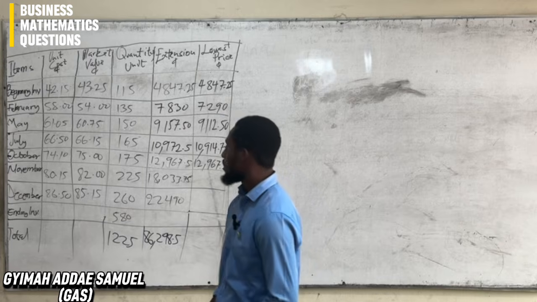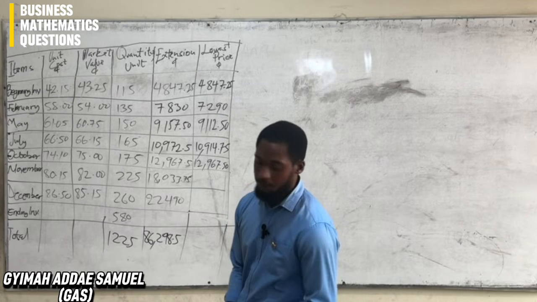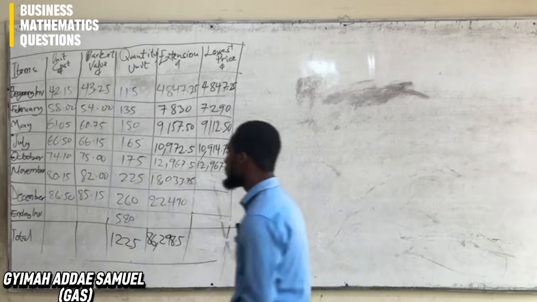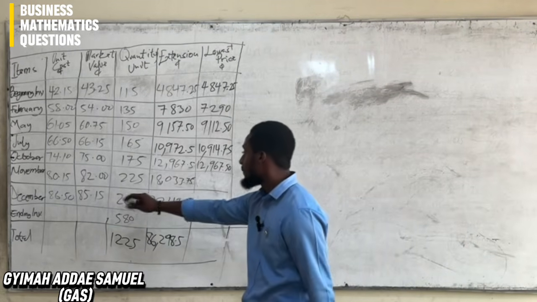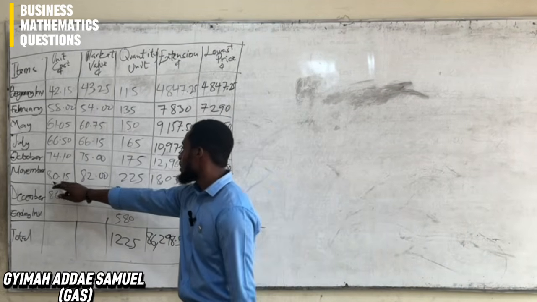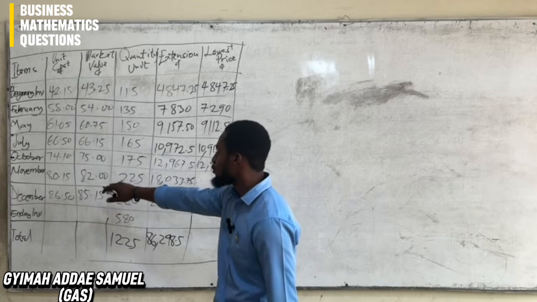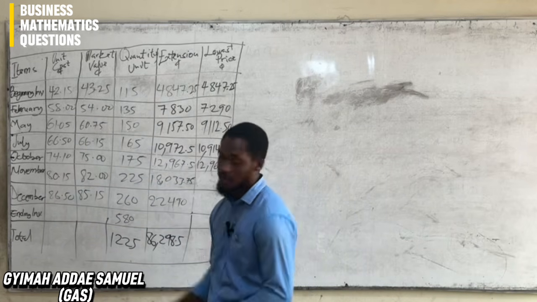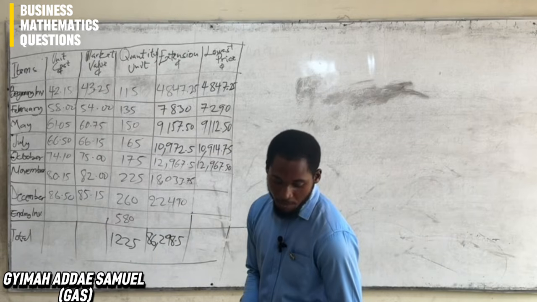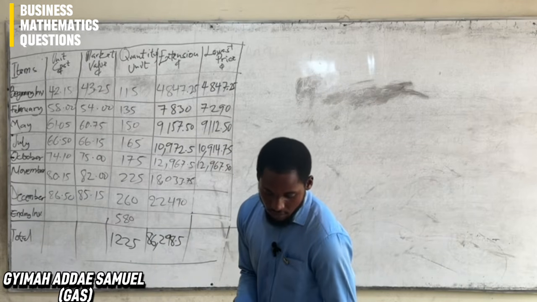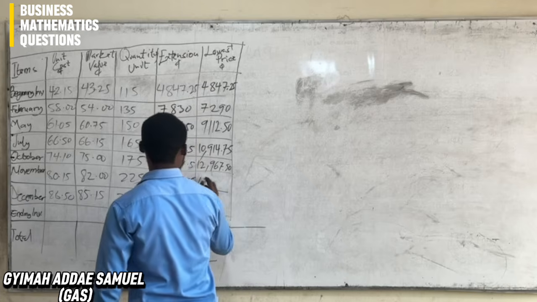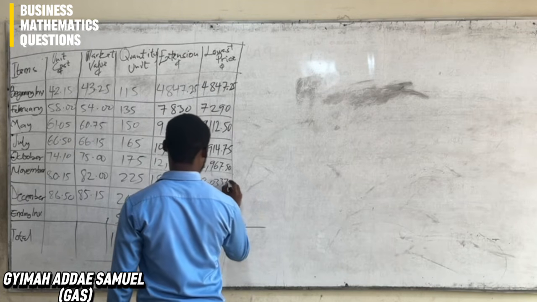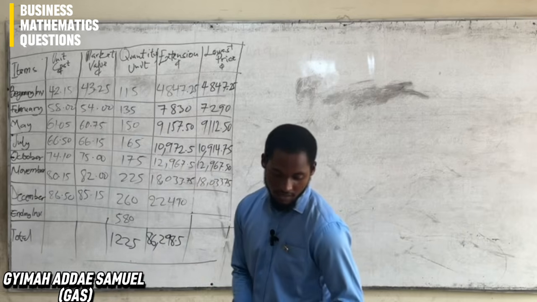November. With November, we compare 80.15 and 82. Here we know that 80.15 is the lowest. So we multiply it by 225, getting 18,033.75. And now we proceed to December.